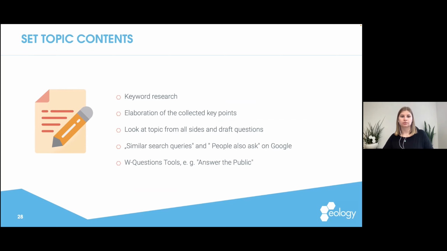You can elaborate on the collected keyword points, the bullet points you collected before. You need to look at the topic from all sides. You just check your draft questions. You can use, for example, similar search queries on Google, or the People Also Ask section on Google. And you can also use question tools like Answer the Public.